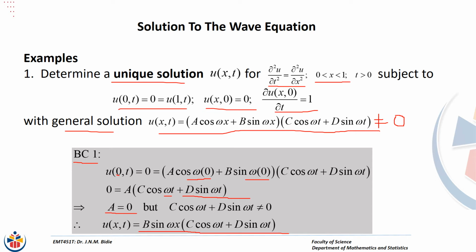Remember here, a is equal to 0. We still have to solve for b, c, and d. So it's better for us to simplify our u by substituting the value for a in, so that by the time we use the other conditions given, we have a simplified version of u.